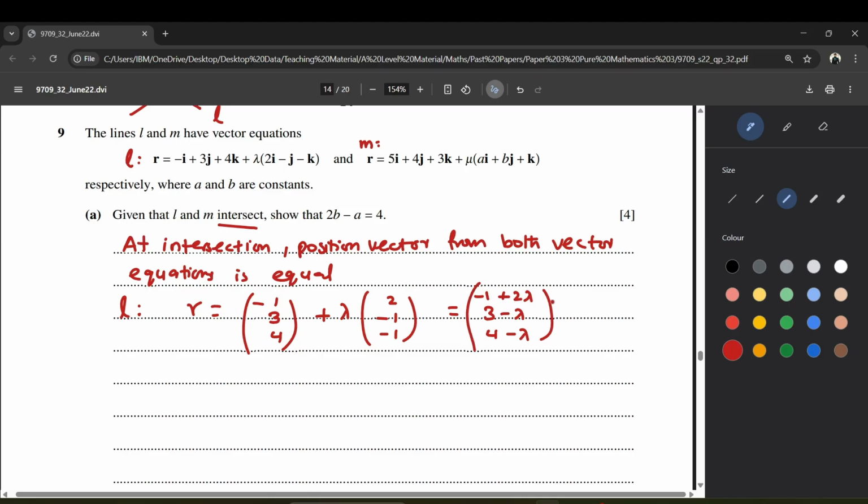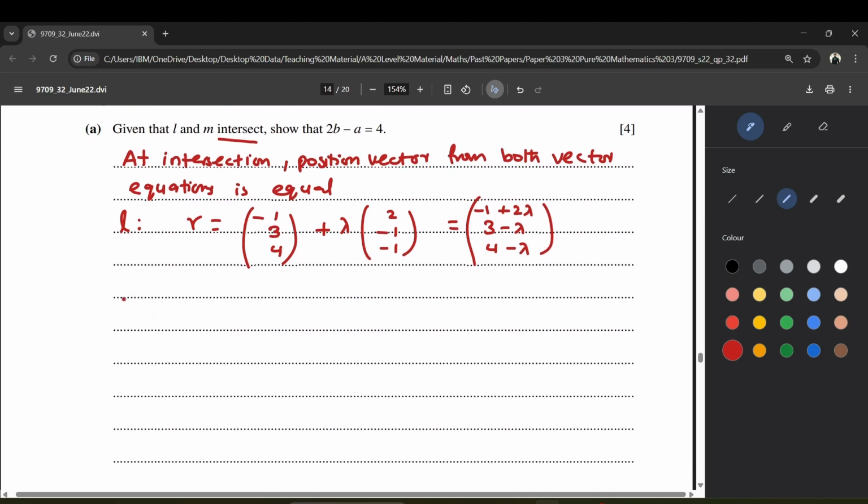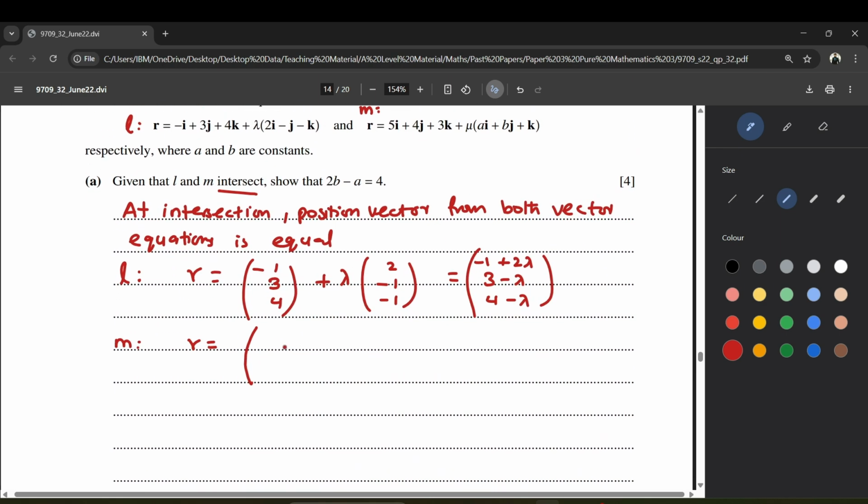This will be the position vector, for which we do not know the value of lambda yet. Let's write for M. For M, R will be (5, 4, 3) plus mu (a, b, 1). So this will be (5 plus a mu, 4 plus b mu, and 3 plus mu).